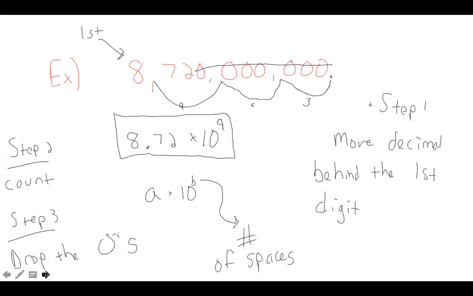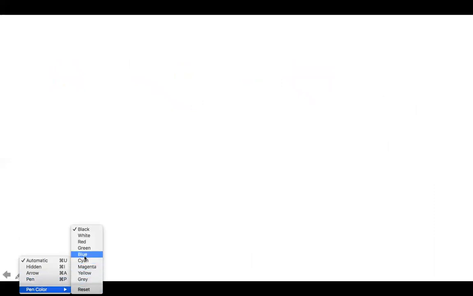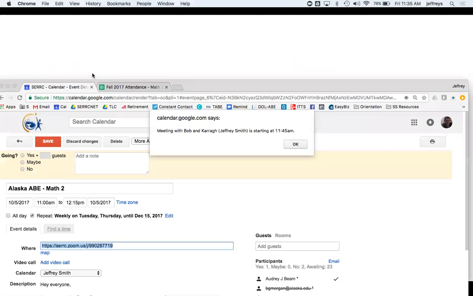What if we had a very small number though? Like, oops, sorry about that. 1, 2, 3, 4, 5, 6 zeros, and we'll say 2, 4. Okay. My steps are essentially the same.